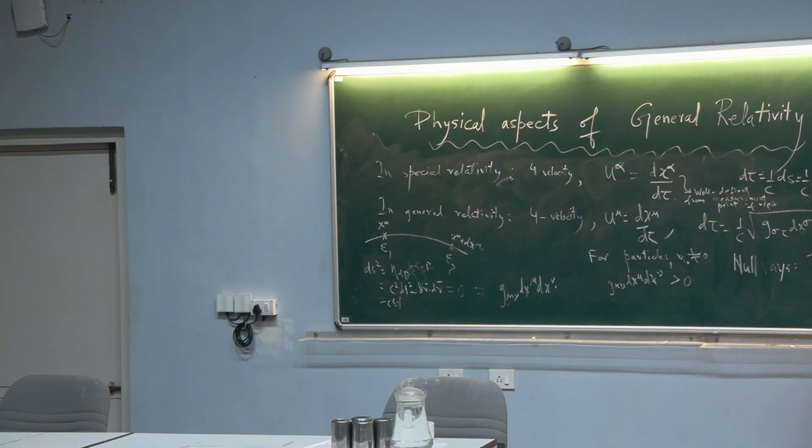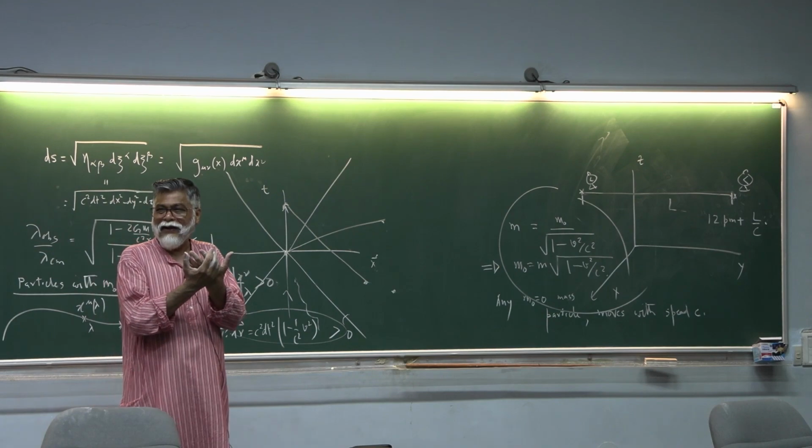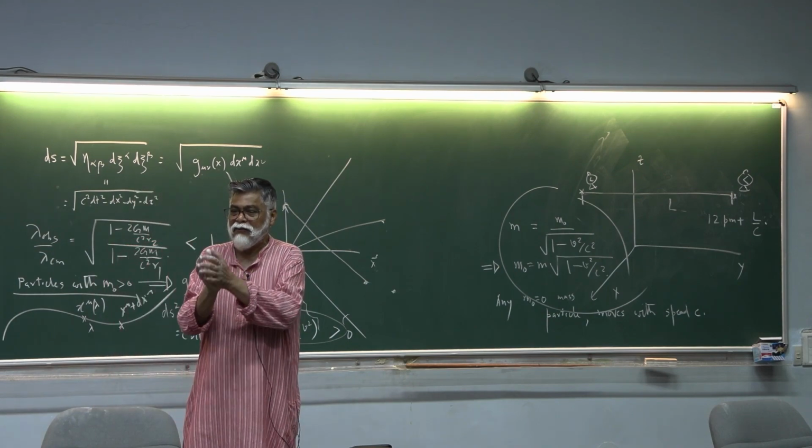Now I will tell you, because this is so important for those who are doing cosmology, how do astronomers, with things happening far away, say so many things about the angular diameter and all that? How do they do it? That's an example of how general relativity is linked with measurement.